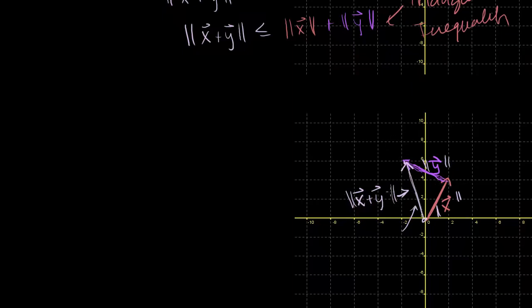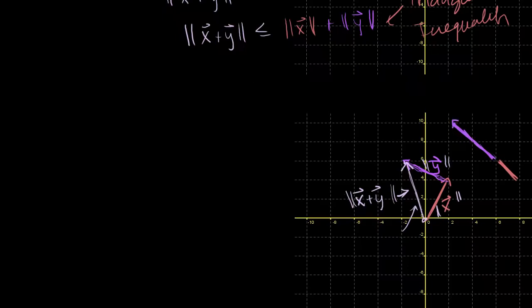And then what's the case in which this length is equal to these lengths? Well, if you keep flattening this triangle out and you go to the extreme case where maybe the vector x looks like this, and the vector y is going in the exact same direction, maybe a little bit further.